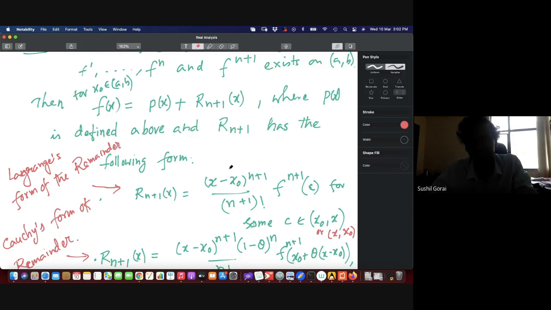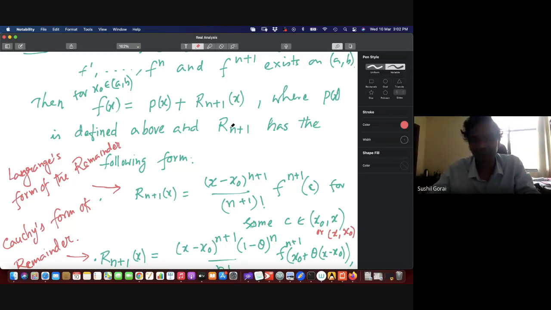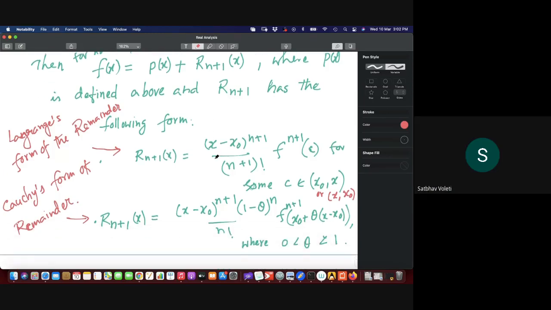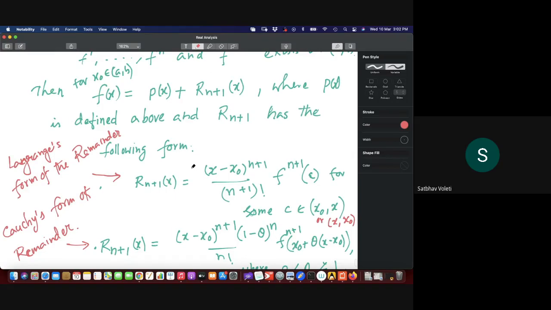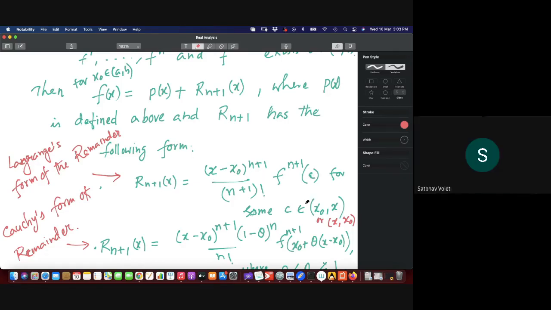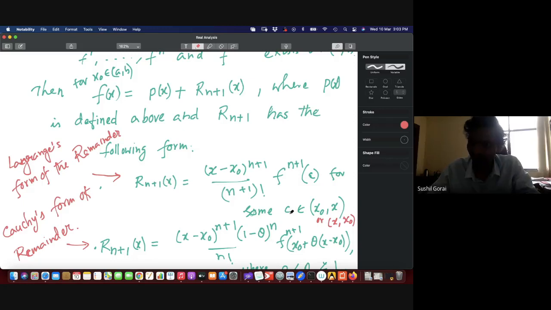R_n will not be small, the error term will be bigger, if you leave a neighborhood of the point x naught. And the form of R_n changes with change in x, right? That is the tricky part. R_n is a function that depends on x, and c also depends on x. c lies in the neighborhood.